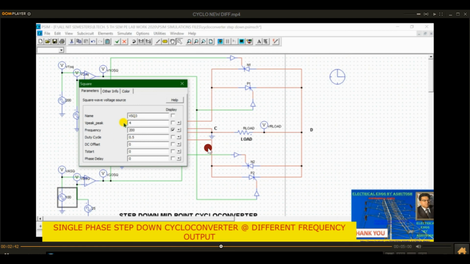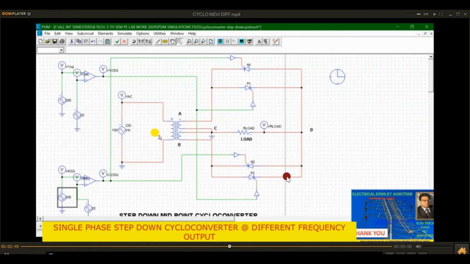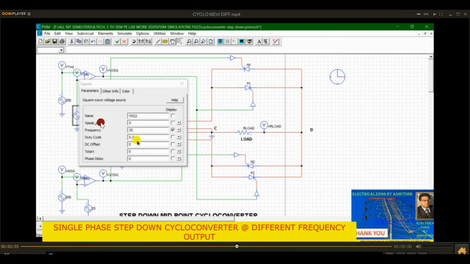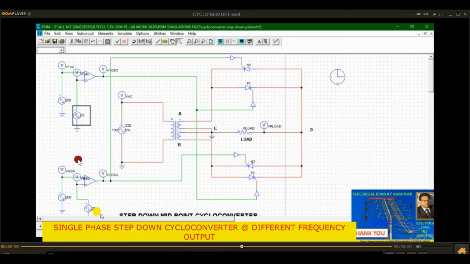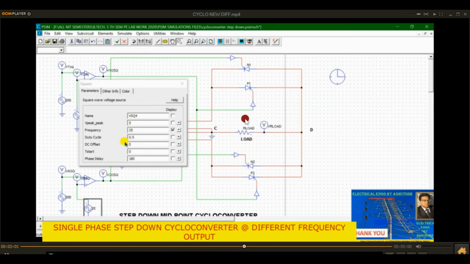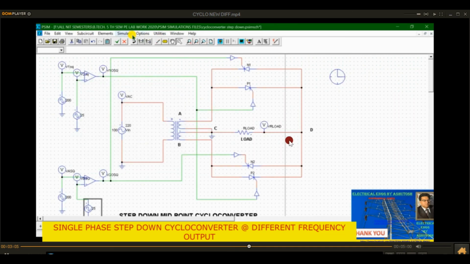The right one will be the same, 25. So 200 and 25, and the AC input is 100 Hertz. Now you see the shape of the waveform.